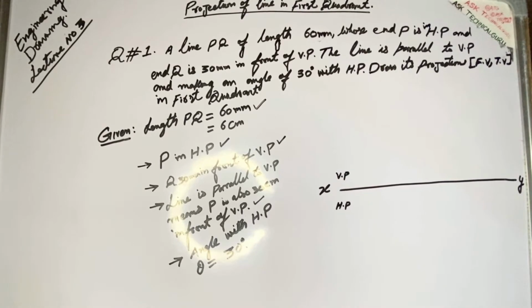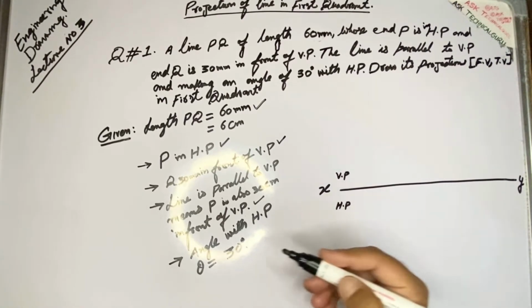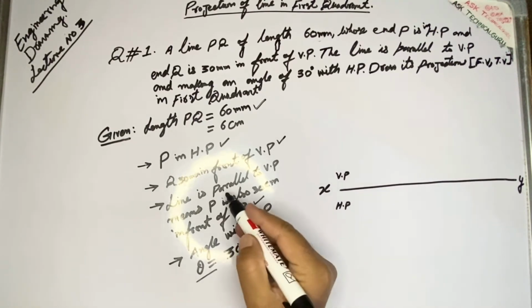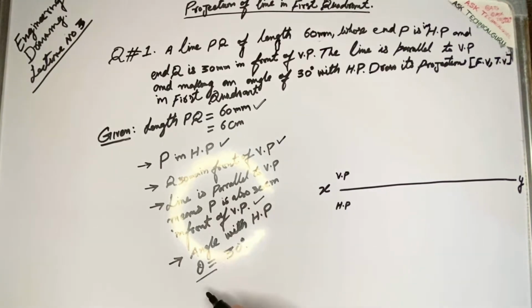This is the first quadrant system. You also know that the angle of the line which it makes with the horizontal plane will be visible to us in front view, and its true length will also be visible to us in front view. We will start with the front view.